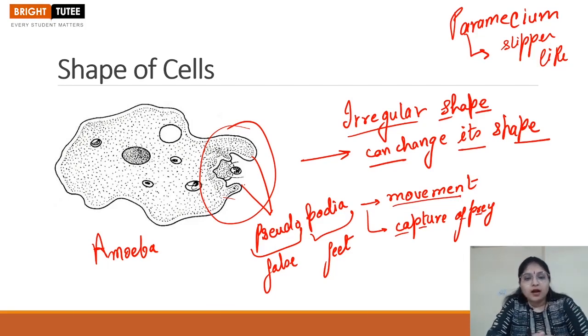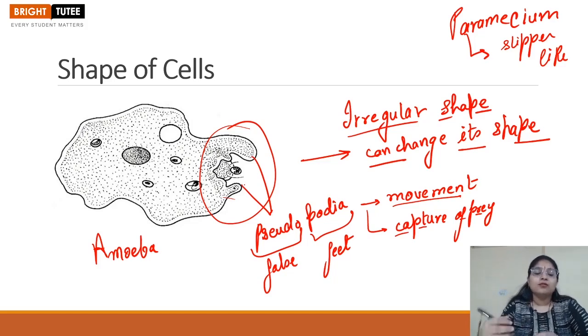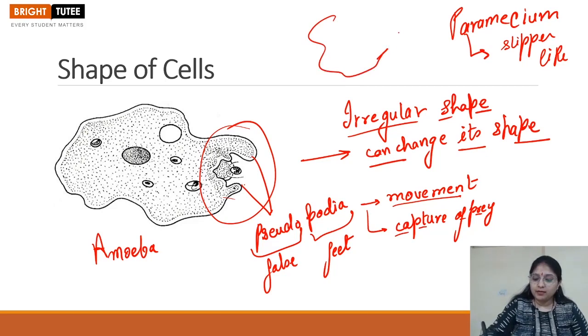Now, because the amoeba doesn't have a particular fixed shape, these are very, very important parts. These projections play a very important role, and once the amoeba is done with the feeding, and once the amoeba stops moving, these projections are completely removed. That means the body of the amoeba becomes like this.